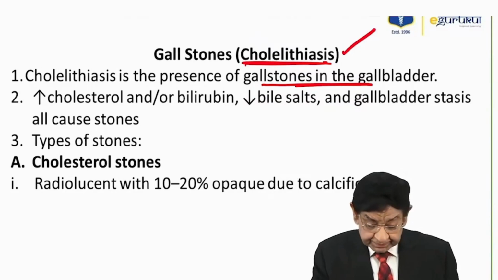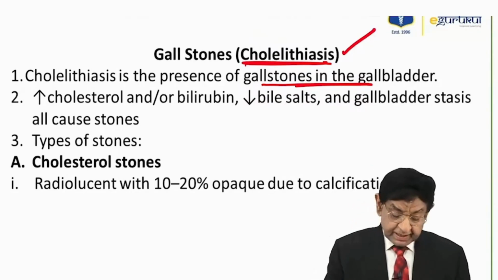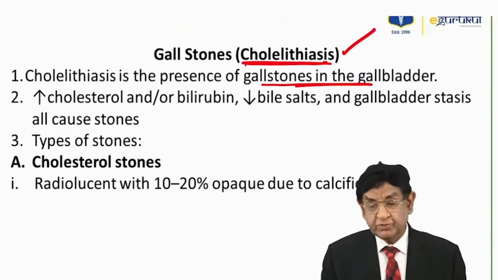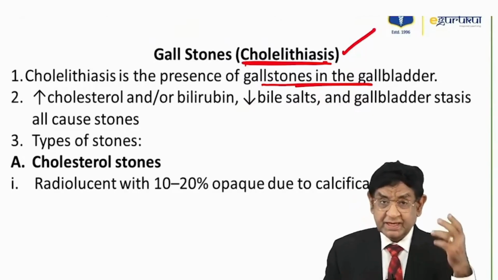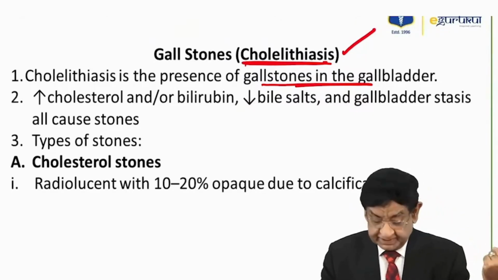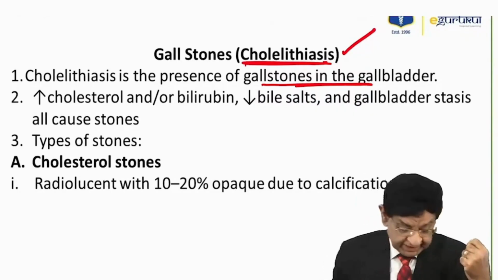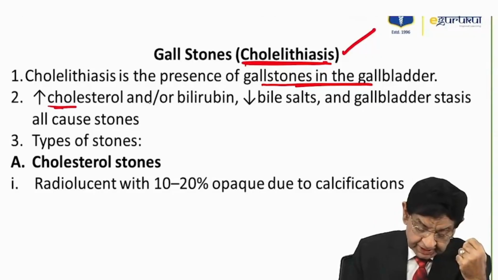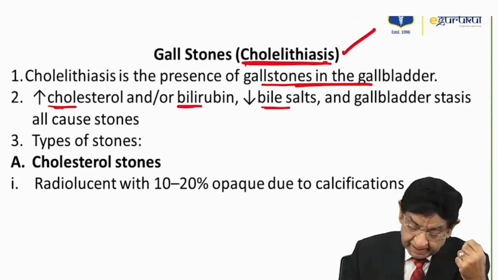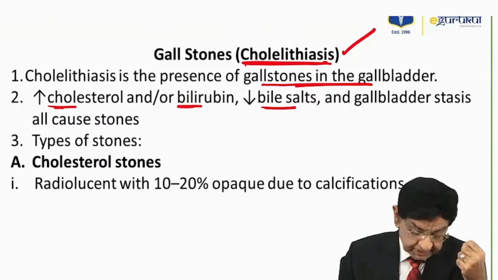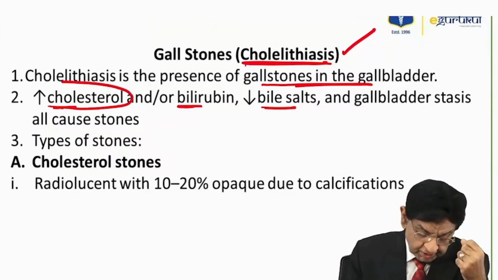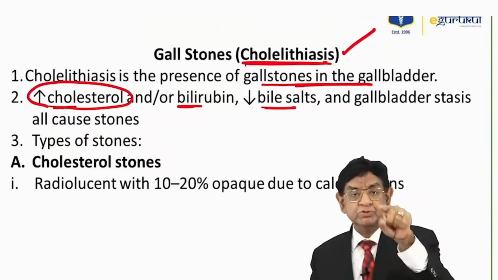Now what are the important things which can lead to formation? Again recall, what was there in the bile? We had cholesterol, bilirubin, and bile salt. So increased cholesterol predisposes to stones.